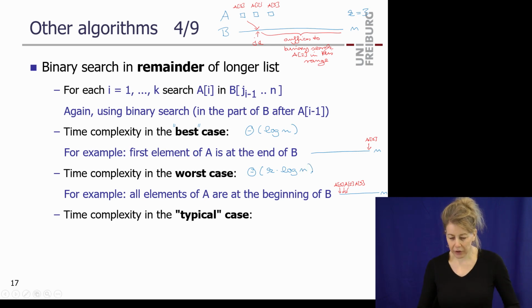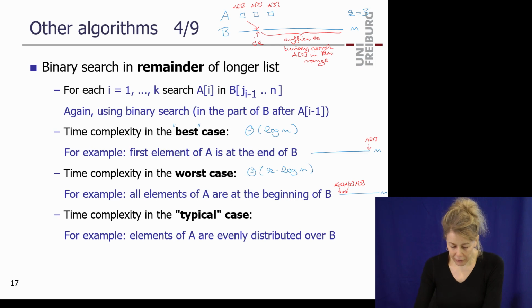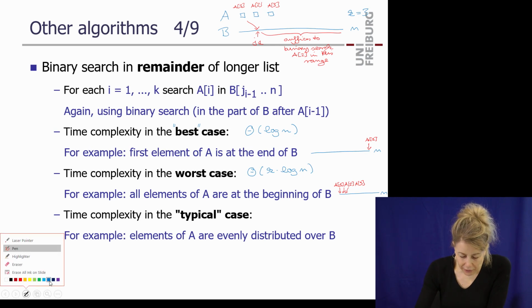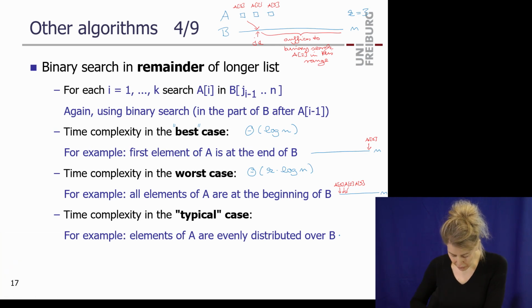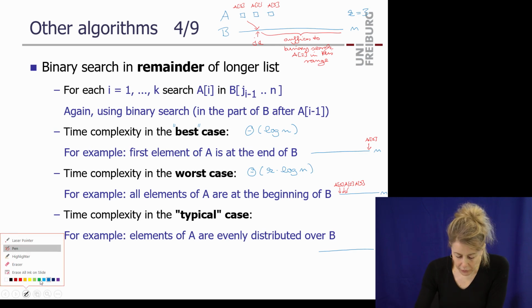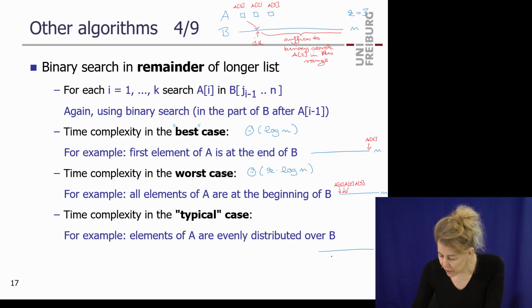And then there's kind of the typical case, and the typical case looks like this. And let me maybe draw it here. In the typical case, also in quotes here, they are evenly distributed. Let's even say they're perfectly evenly distributed.